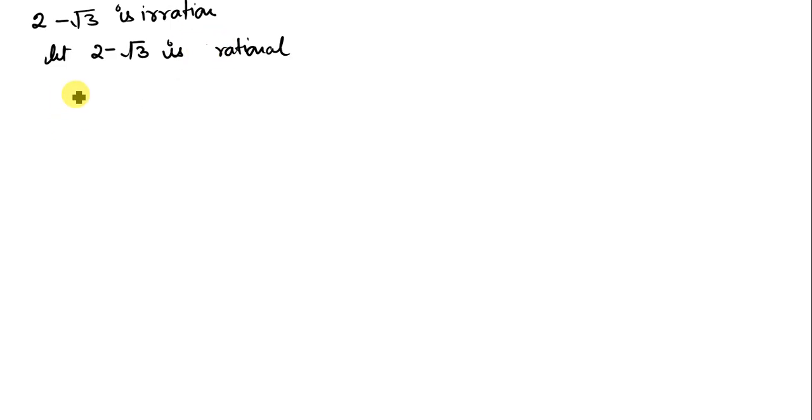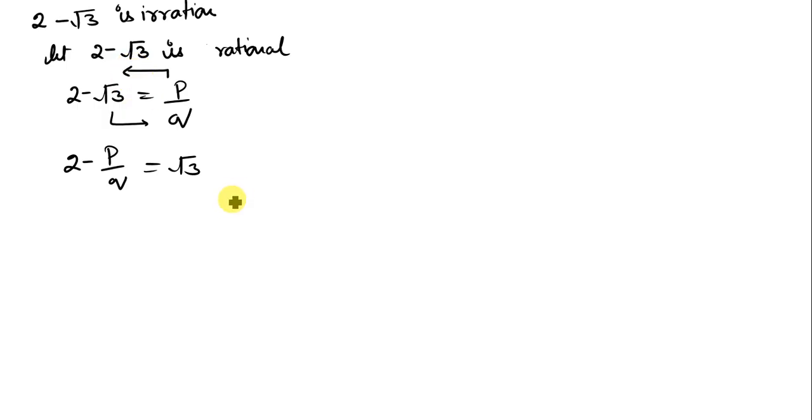Let us say 2 minus root 3 is equal to P over Q. Then we simply rearrange it and leave only the irrational part, root 3, on the other side. So it will be 2 minus p over q equals root 3. We shifted root 3 to the other side and p by q to the other side.